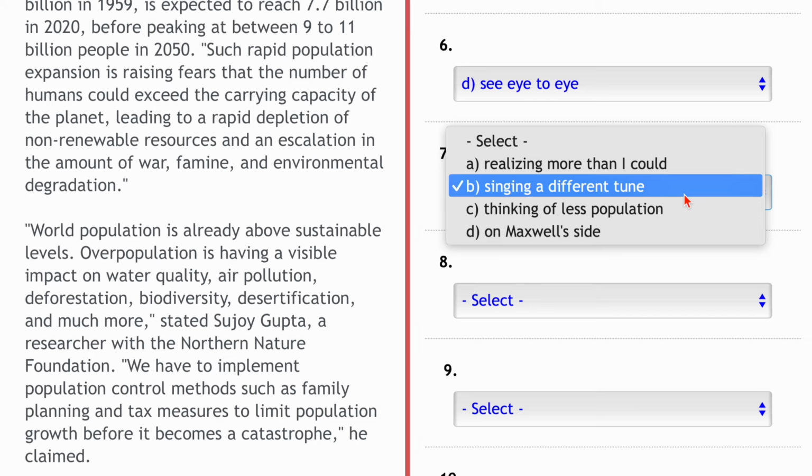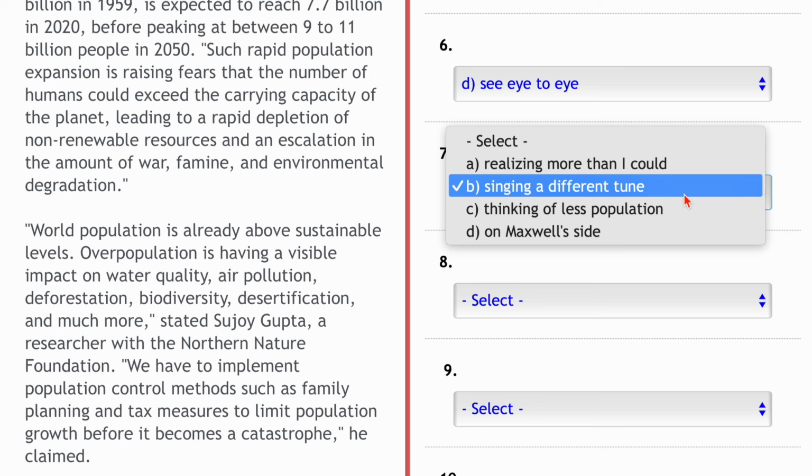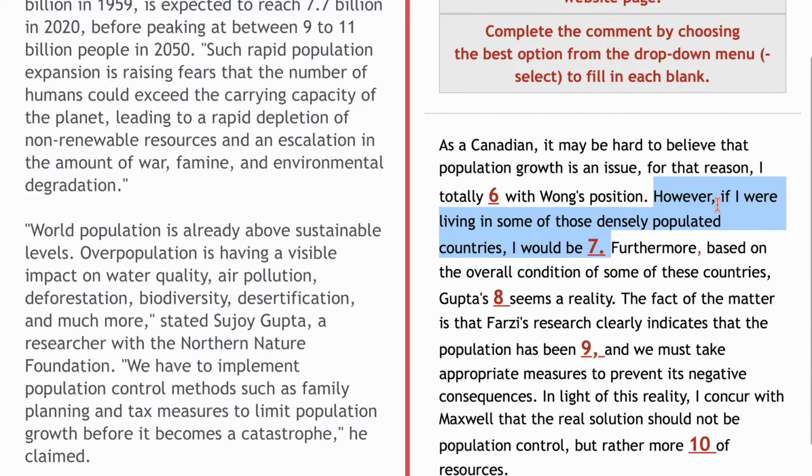Another phrase, singing a different tune means I would think differently. It's an expression that means think differently. So, however, if I were living in some of those densely populated countries, I would be singing a different tune. I would think differently.